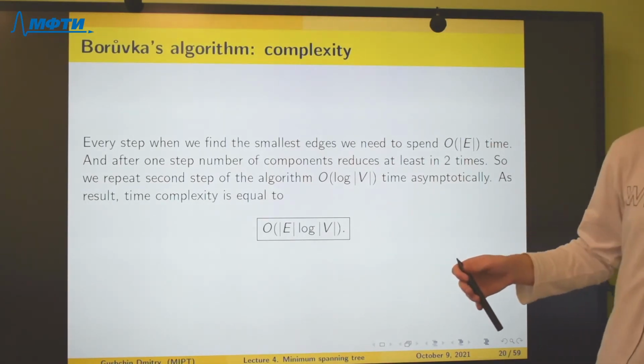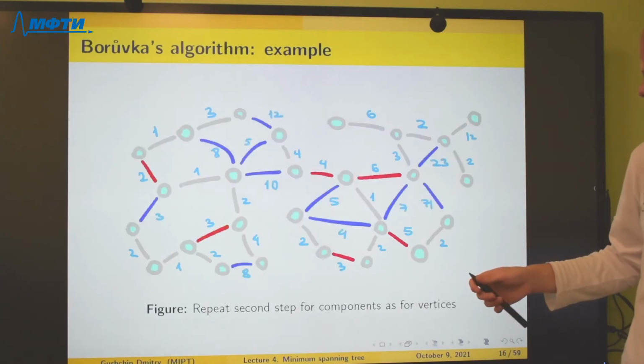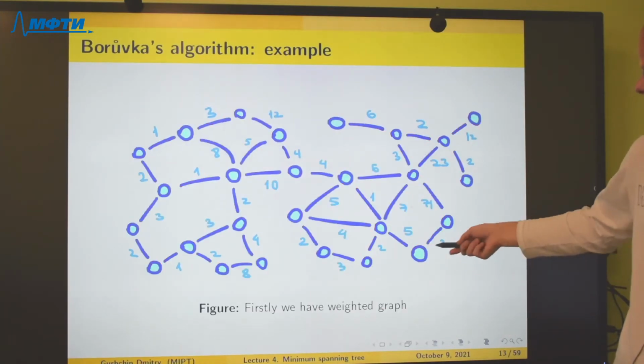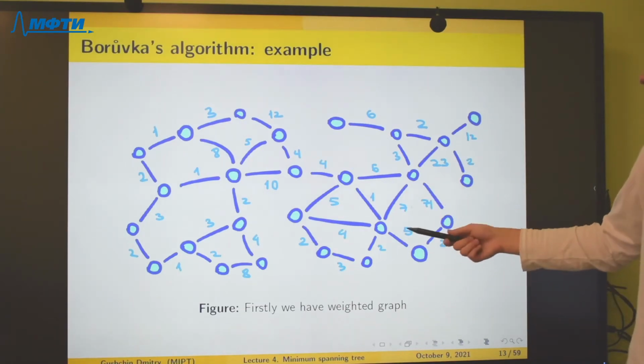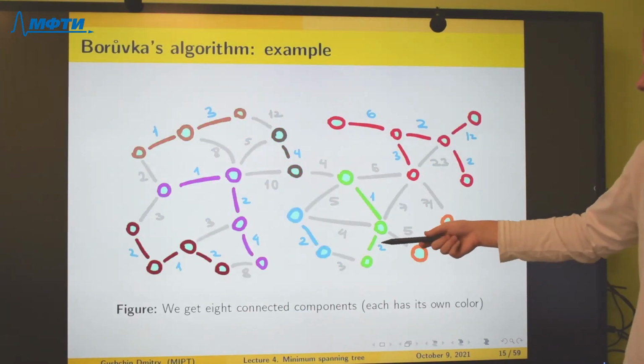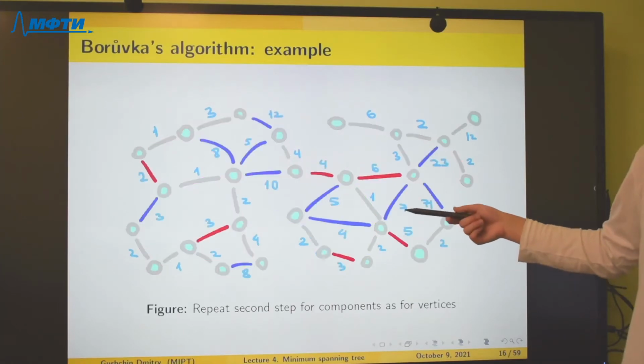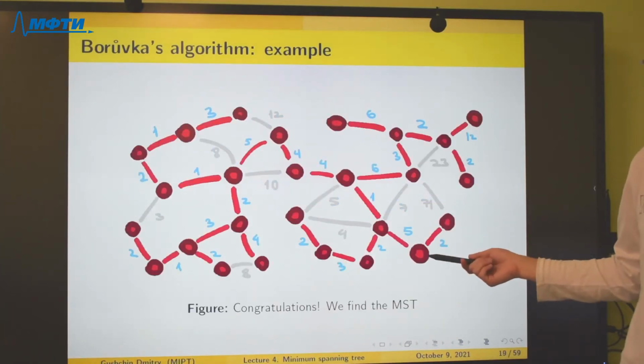We can say that firstly we have near 26 components. Then we have 8 components. Then we have 2 components. Then we have 1 component.